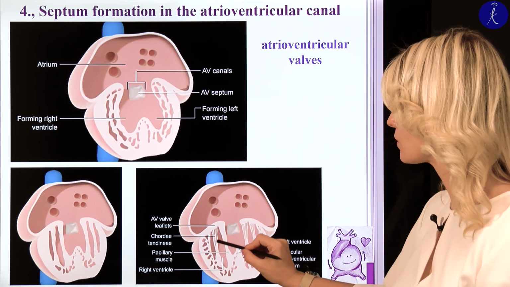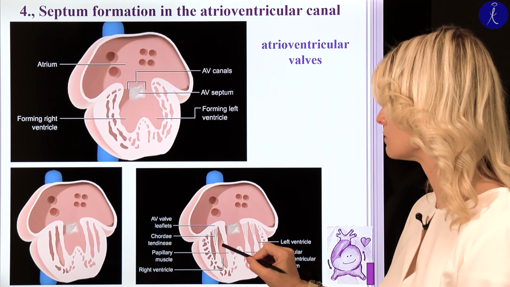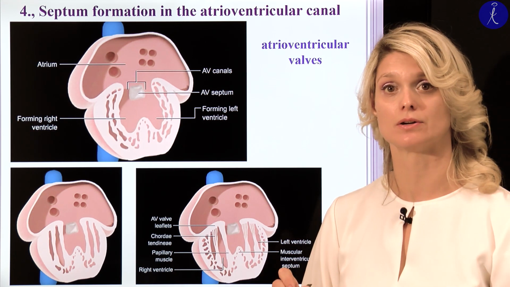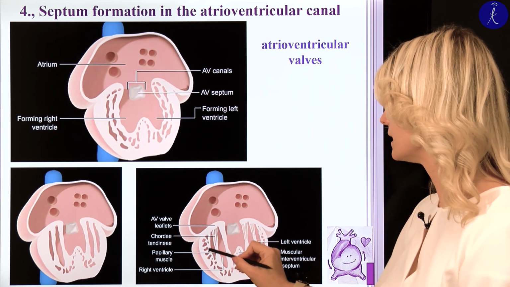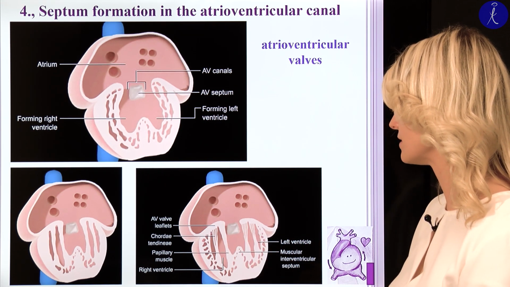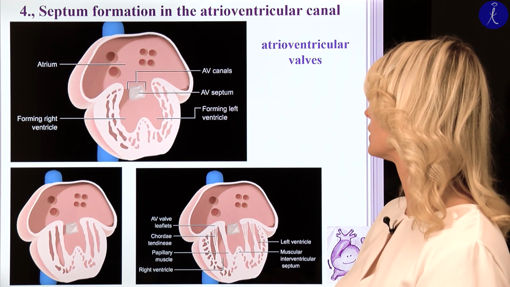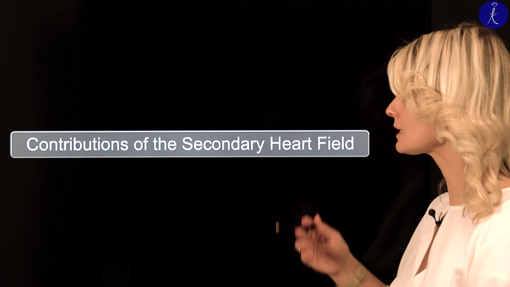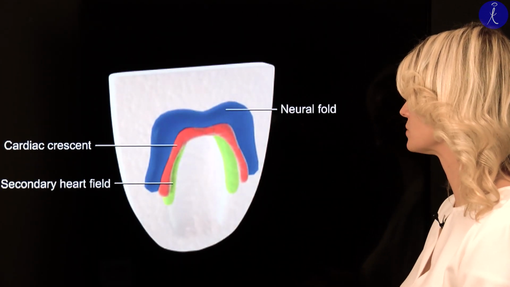Here you can see the chordae tendineae, and at the lower part we can see the papillary muscle, which will fix the chordae tendineae to the wall of the ventricle. And of course there you can also see the trabeculae carneae. Let's say this, finally the whole procedure.